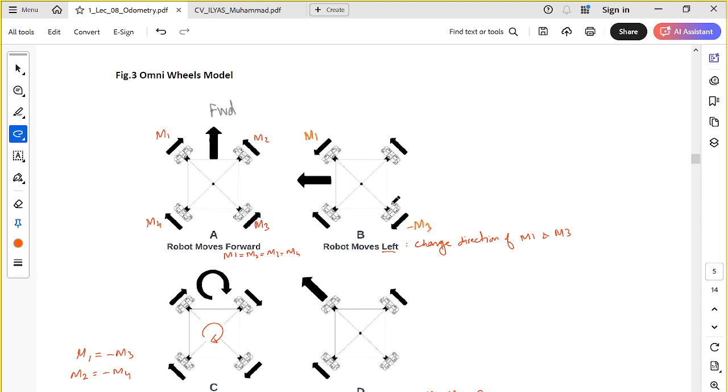We change the direction, minus M1, minus M3, but M2 and M4 remain in the forward direction. If we apply the signal or torques to our motors in this way, M1 and M3 in the opposite direction and M2 and M4 in the forward direction, then the robot will move leftwards.